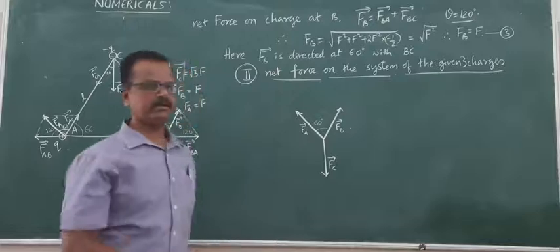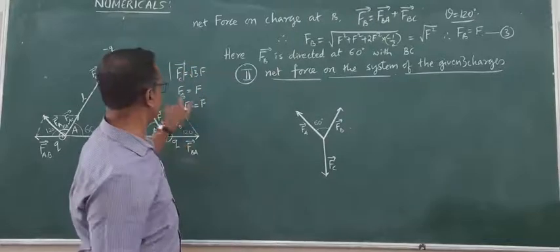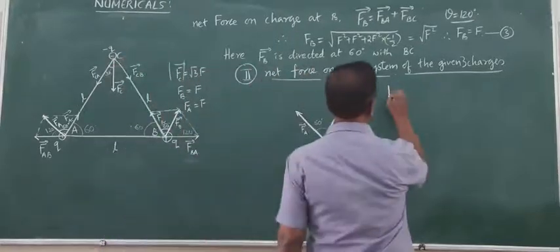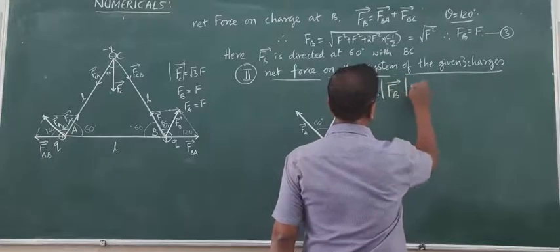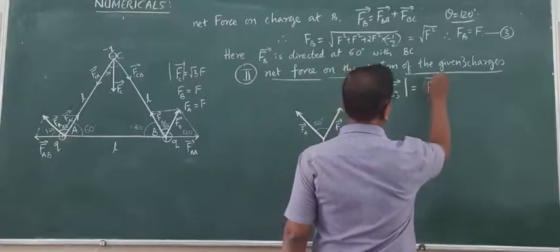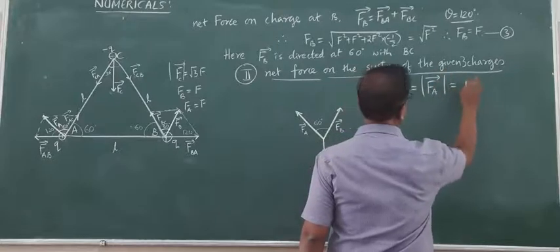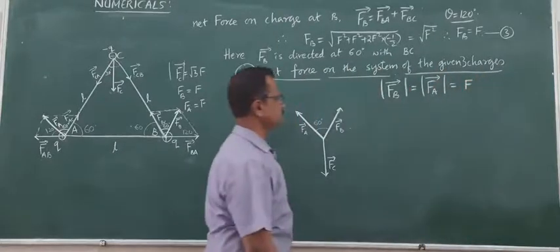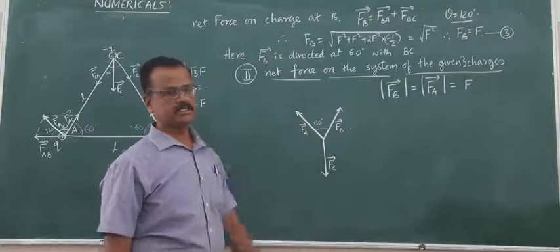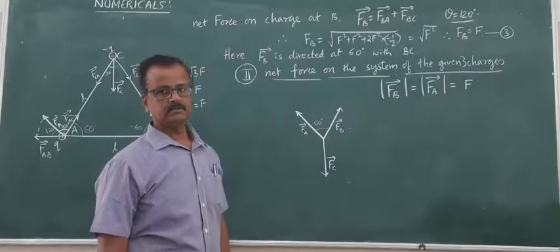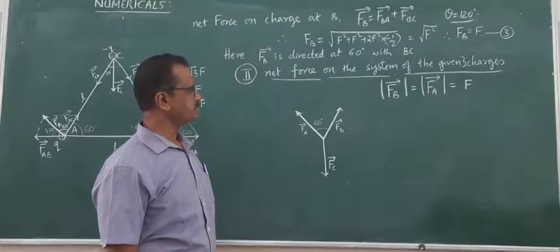Now the magnitudes of FA and FB we know are both the same. The magnitude of FB is equal to the magnitude of FA, which we got as F. Now the angle between FA and FB is 60 degrees.